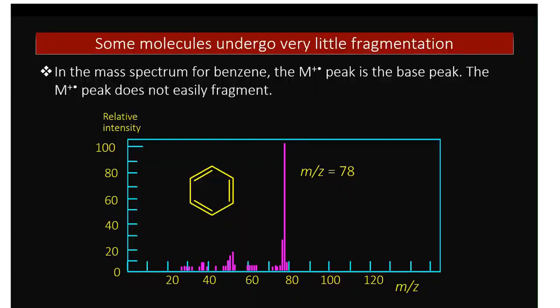So here we have a molecule. This is benzene, and we can see that the highest peak is also the molecular peak at m/z equals 78.